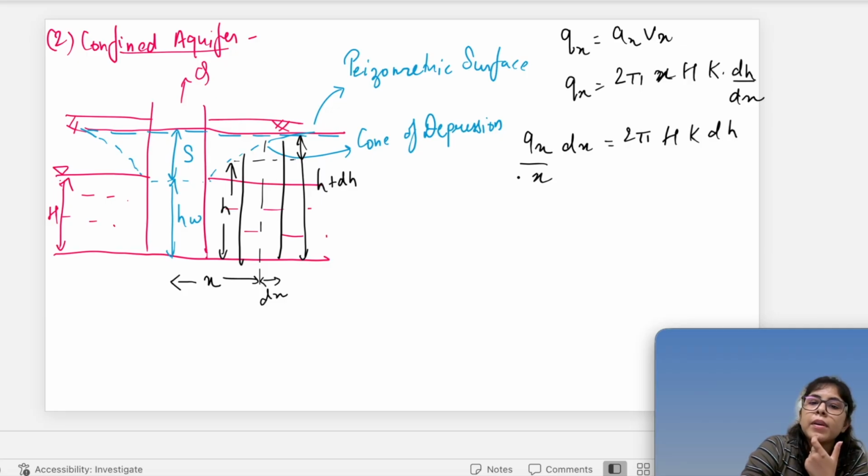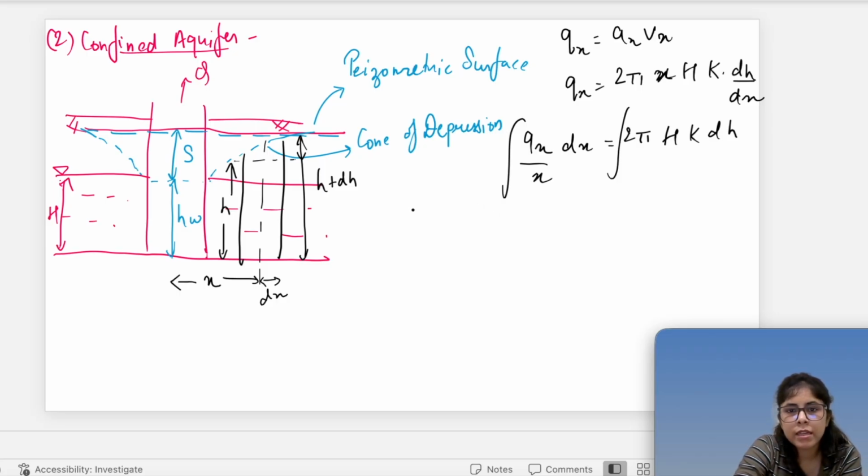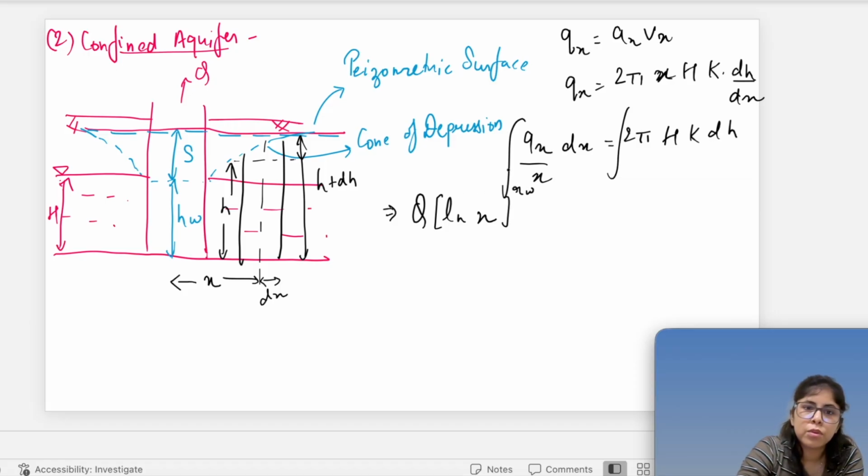So here I'll be integrating both sides, and Qx is a function of x, and it comes out as capital Q, which is the full discharge that will come from the well, and 1 upon x will be your ln x, and the limits will be from rw to r, the radius of influence, and from here the limit will be 0 to d, where d is the total depth from the piezometric height. So 0 to d, 0 to d.